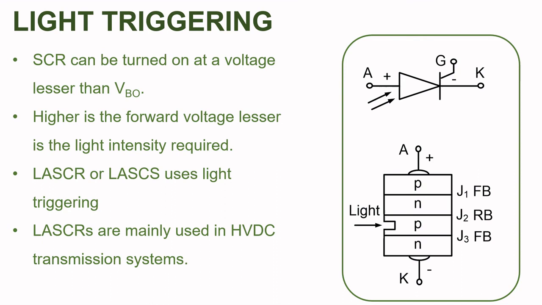This type of triggering can be used only in special type of thyristor devices such as LASCR or LASCS, that is light activated SCR or light activated silicon controlled switch.